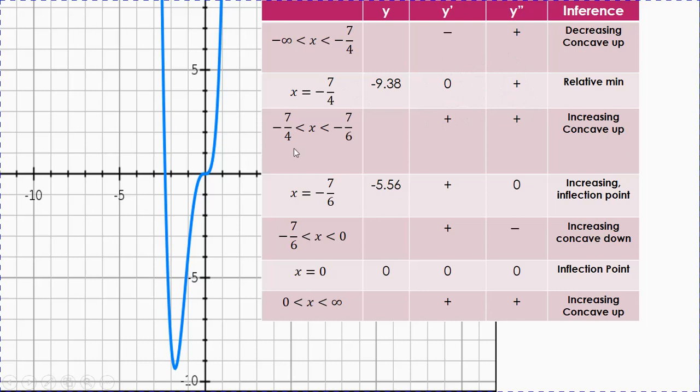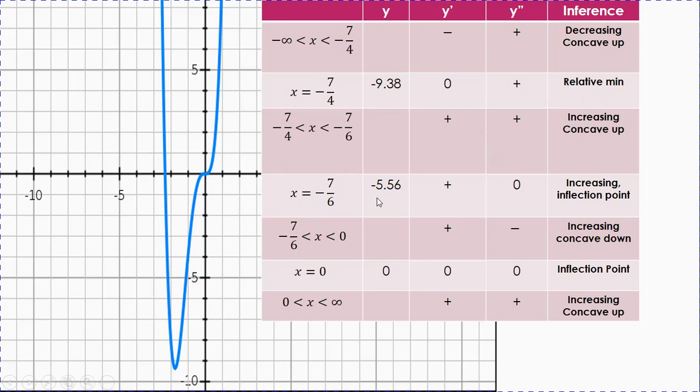In this area between negative 7 over 4 and negative 7 over 6, since the first derivative is positive, we know that the function starts increasing. Sorry about that. And since the second derivative is positive, it's going to be concave up, because after the minimum point, you can see that it starts going concave up.